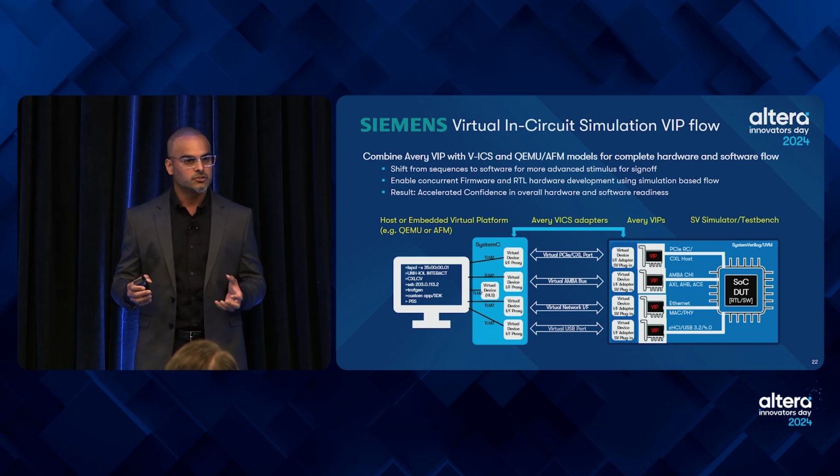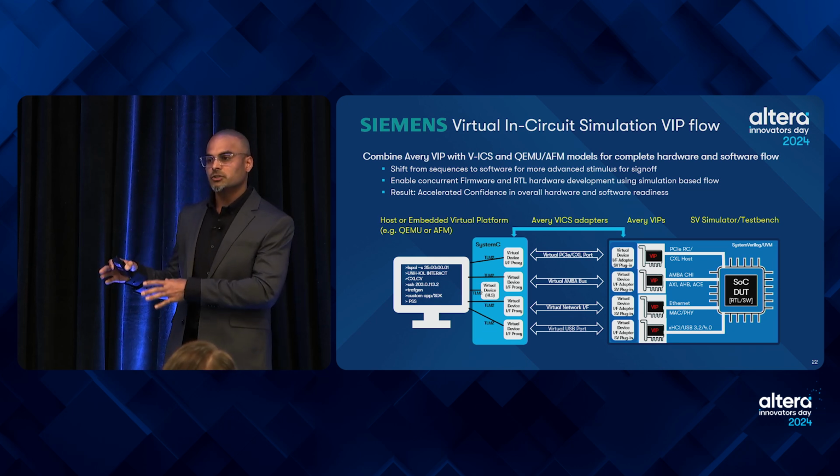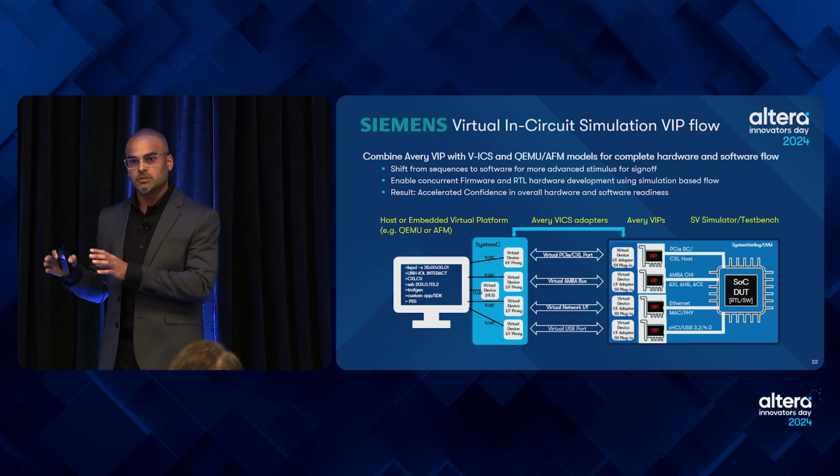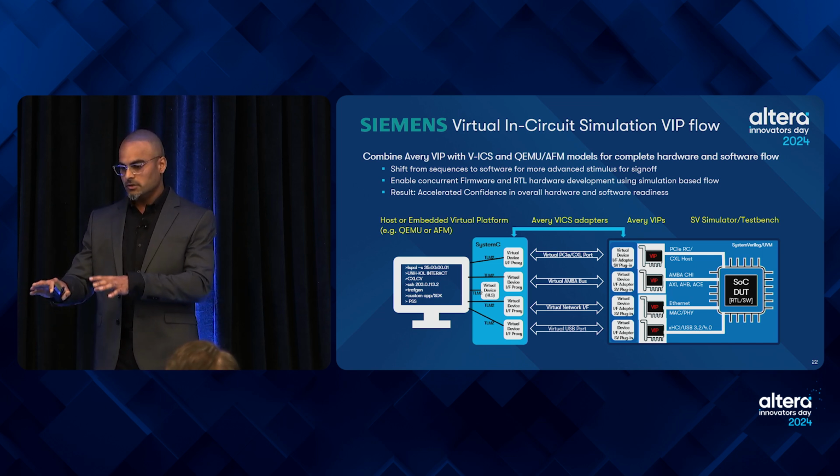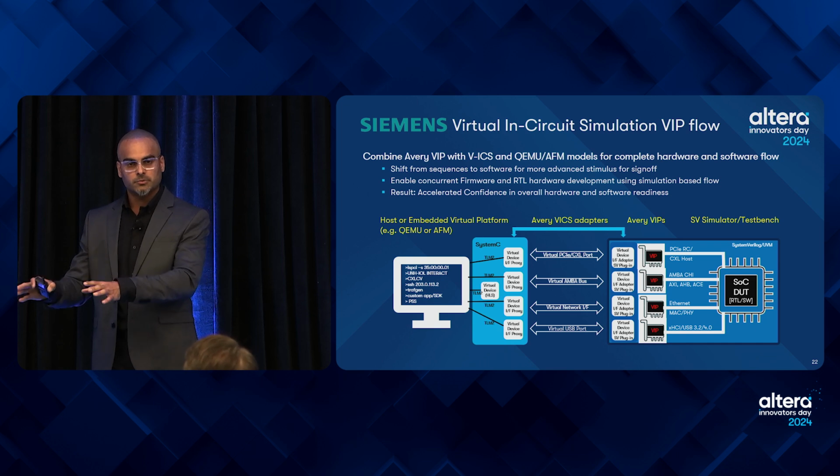So what you are really doing is augmenting the VICS solution, which is virtual in-circuit simulation, to your simulation bench, your simulation environment. So you have everything that you have, which is your IP, your test bench, your design that's simulating, that's your test bench flow.